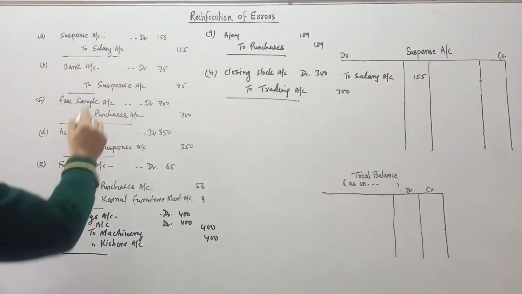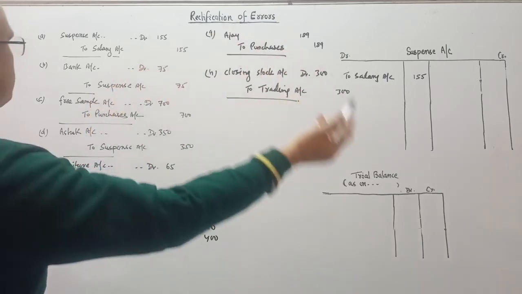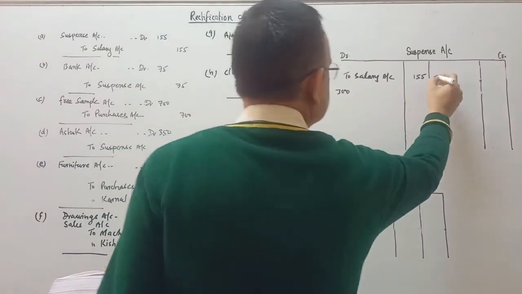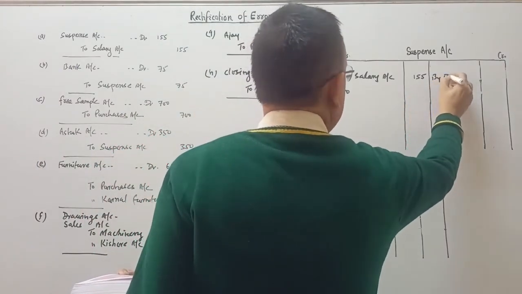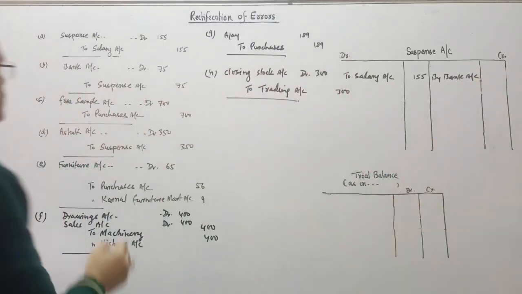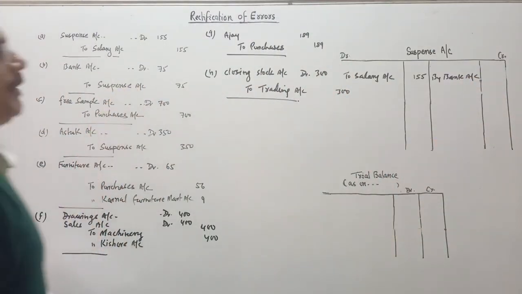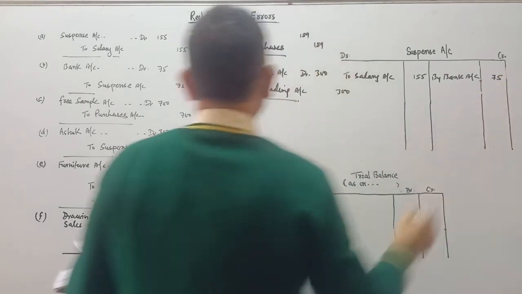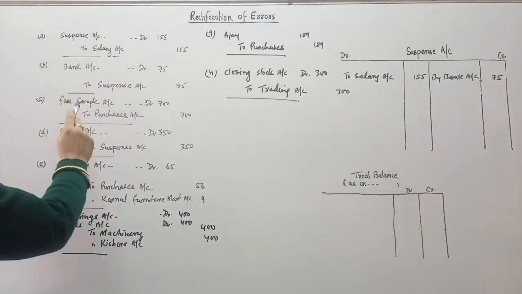Coming to the next, suspense is on credit, so on the credit side we will write by bank account. Amount is 75.